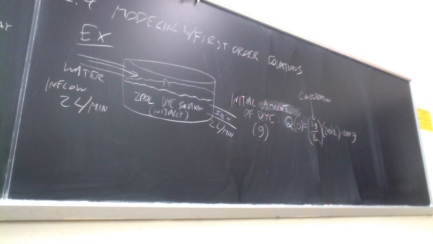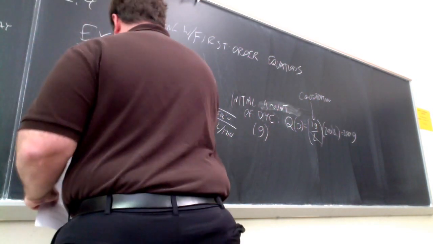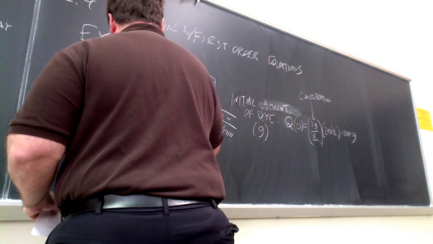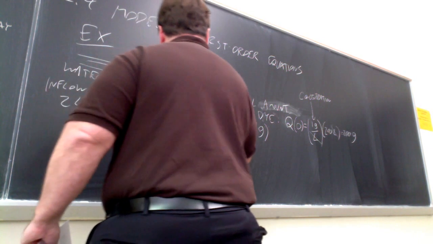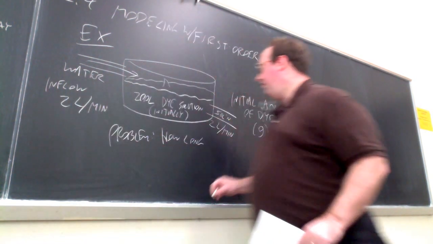Now, the idea is not necessarily to have the tank completely free of dye, but to try to get most of it out. So the problem to solve here is how long is this rinsing necessary?